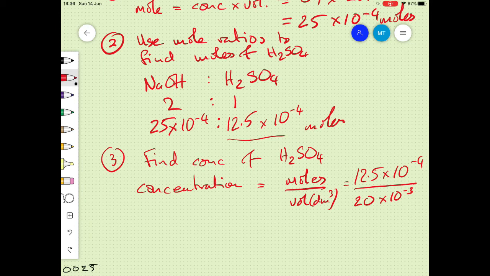Quick maths here. Bash this in on the calculator, it should equal 0.0625 moles per decimeter cubed.